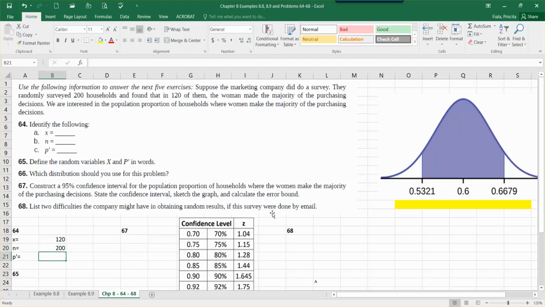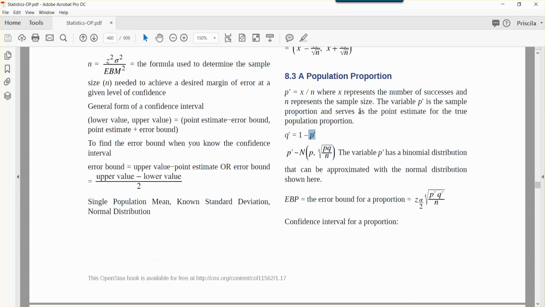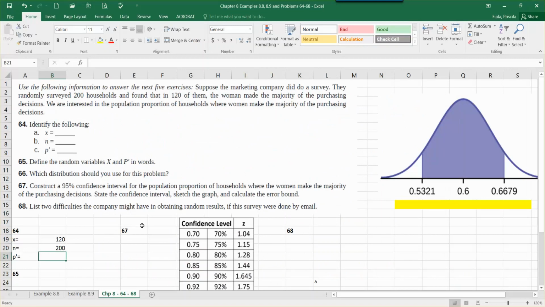How would I get my sample proportion? Remember, if we go up here, you get that by x divided by n. So we're going to do x divided by n, and that would be 60%.